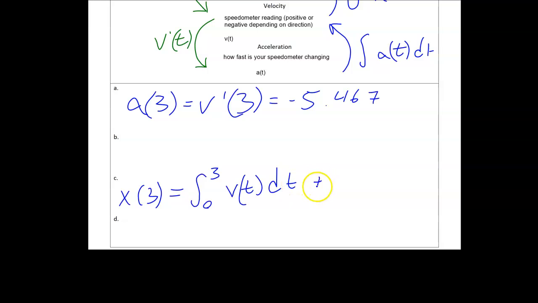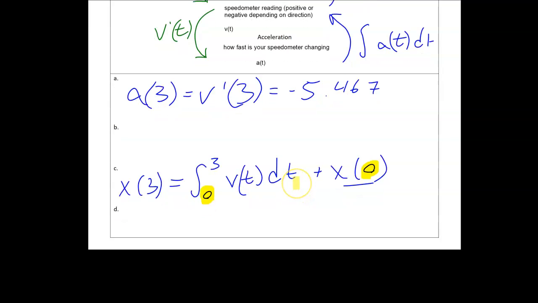And then I need to add in x of 0, right? Because the total change in position plus my original position is what is going to get me to my position at 3, right? And notice the 0 matches this 0 here.